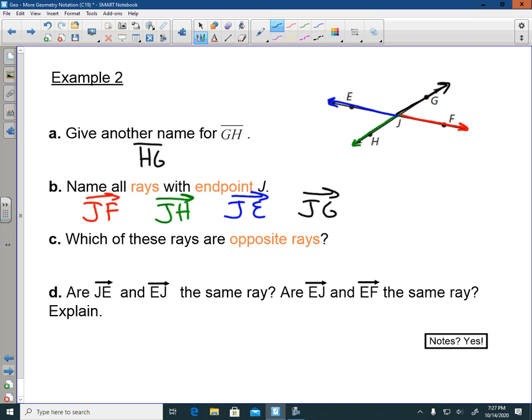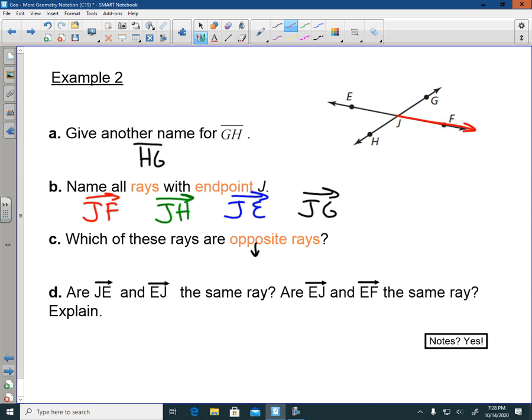Which of these rays are opposite rays? Opposite means that they point exactly in opposite directions, completely opposite of one another. So let's see. If we just look at JF, which ray is directly opposite JF?